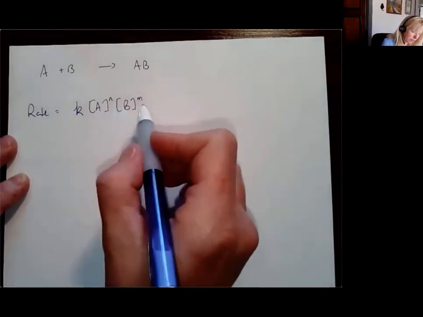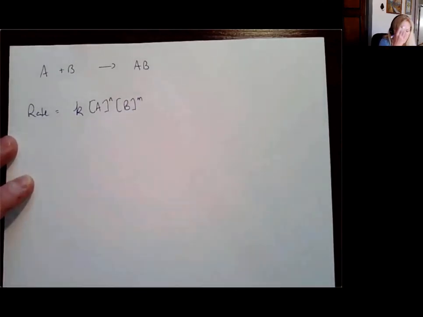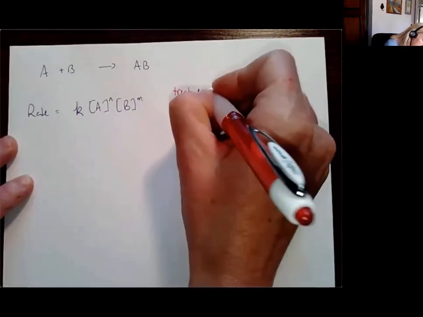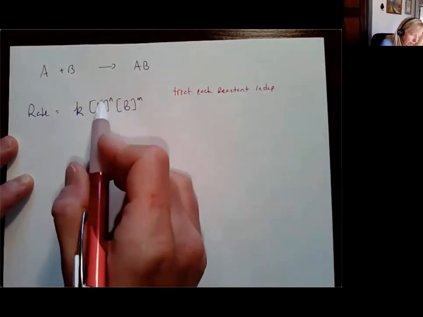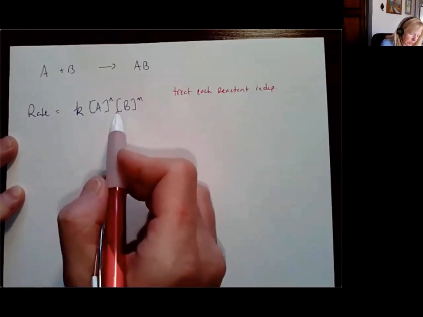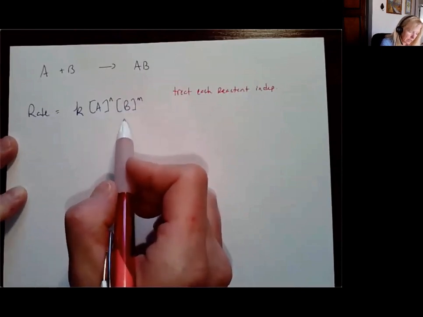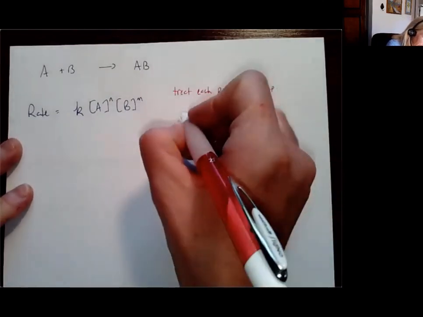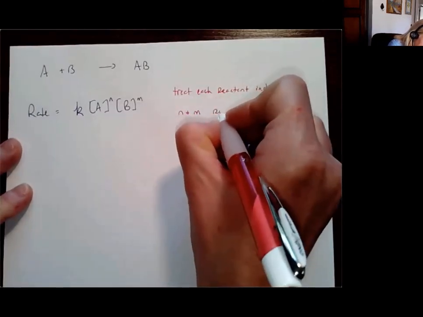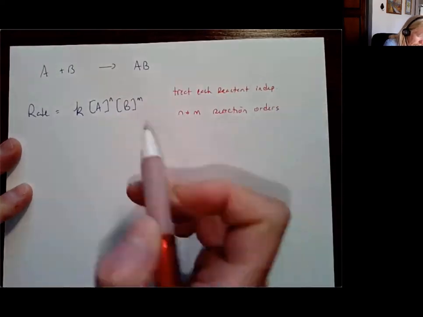And n and m could be the same or they could be different, because remember, we're going to treat each reactant independently. Meaning I'm going to find the effect that A has on that chemical reaction, then I'm going to find the effect that B has on the chemical reaction, and they may or may not have the same reaction order. So n and m are my reaction orders. So I'm going to have a unique one to each.